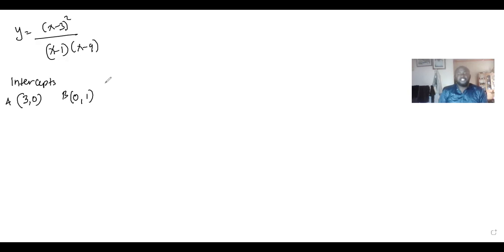Did people get turning points? The question was saying, determine the range of values where y does not exist. Did we get that part?